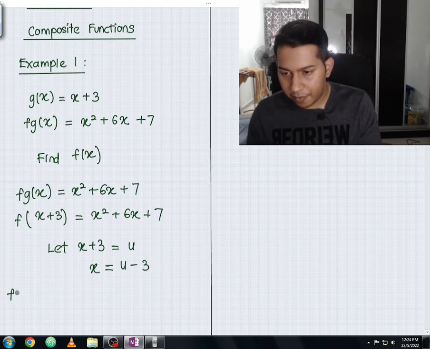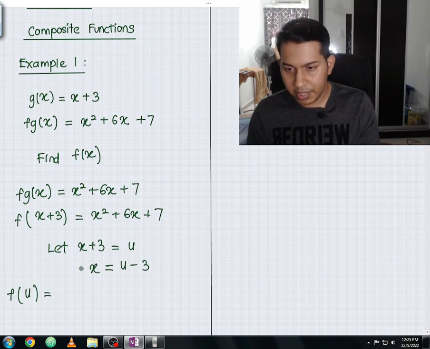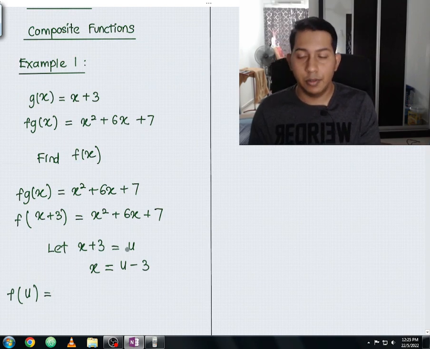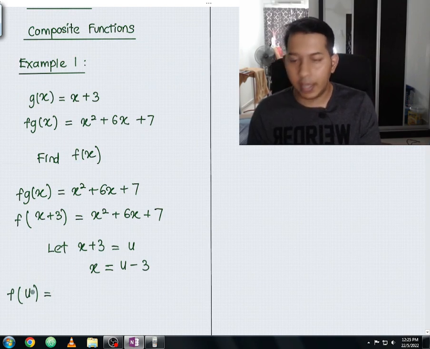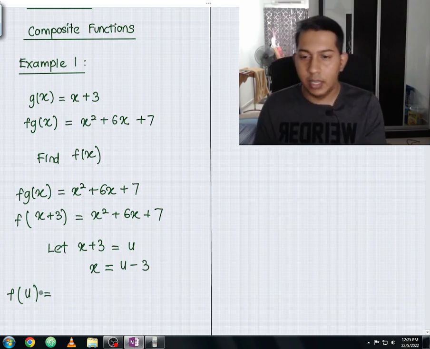So instead of writing f(x plus 3), you write f(u), since you let x plus 3 be equal to u. Simple as that. That is for the left hand side. Now let's focus on the right hand side.